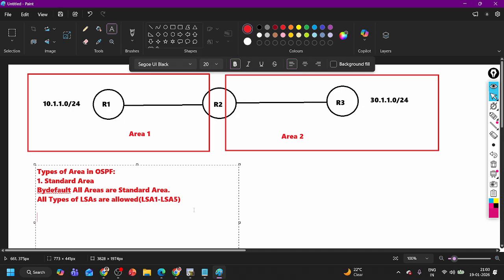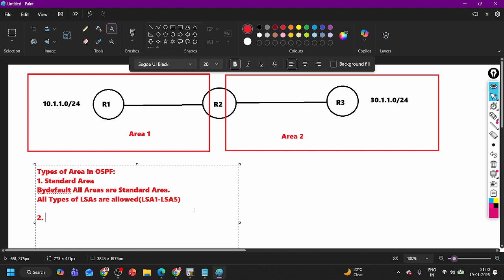That is the first type of area, and by default all areas are standard areas. That's why we can see all the LSAs. In the last class we had seen LSA 1, 2, 3, 4, 5, all types of LSAs. Every router generates a router LSA in the OSPF domain, but a router LSA cannot cross the area. The DR generates network LSA to share the attached router information in a multi-access segment.